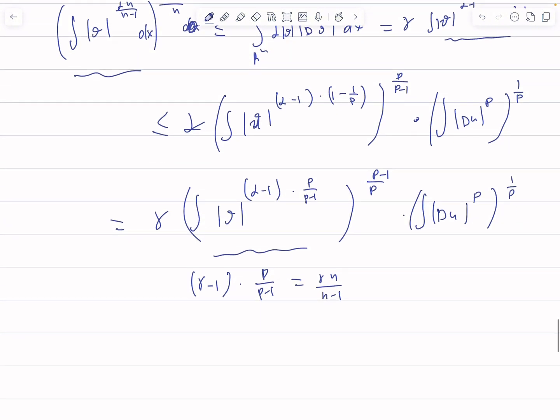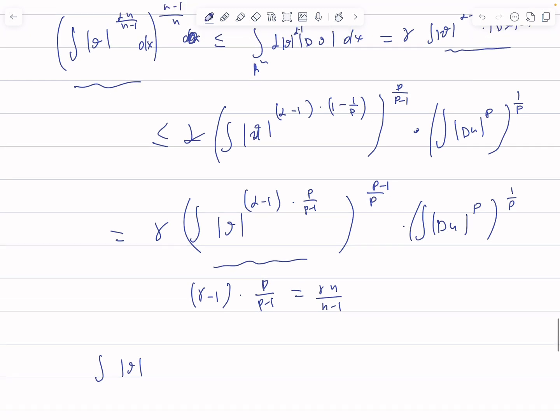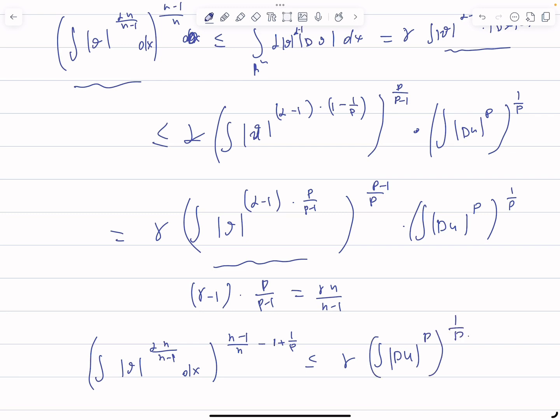So it will be now the integral of |v| to the power lambda n divided by n minus 1 dx, to the power n minus 1 over n minus n minus 1 over p... less or equal than lambda times the integral of dv to the power p, to the power 1 over p.